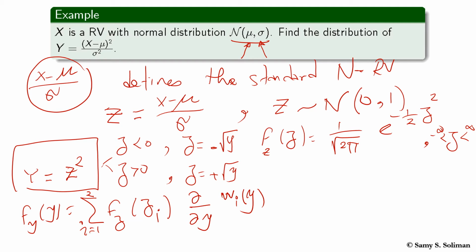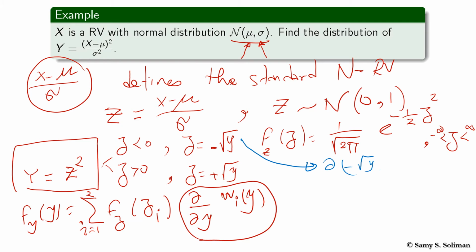Of course, if we want to calculate the Jacobian for each of the intervals, we can calculate them individually here. So for this relation, the derivative of negative square root of y with respect to y will be negative half y power negative half, and for this one the derivative will be similarly half y power negative half.